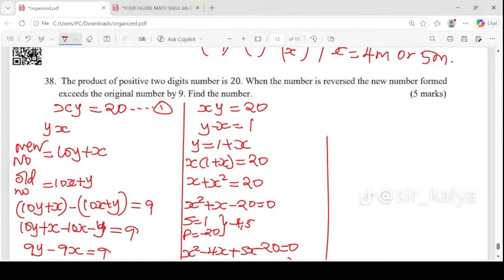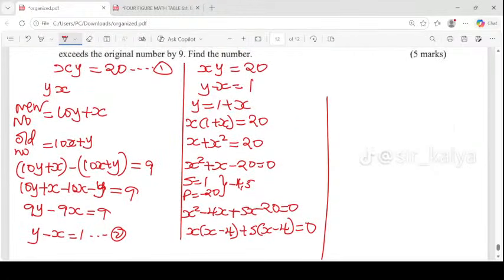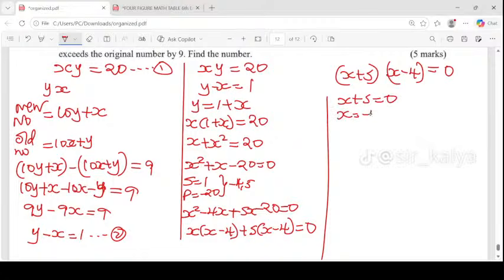So if that is the case, I'll have x plus 5, x minus 4 is equal to 0. In the first case, I'll have x plus 5 is equal to 0, meaning x will be equivalent to negative 5.